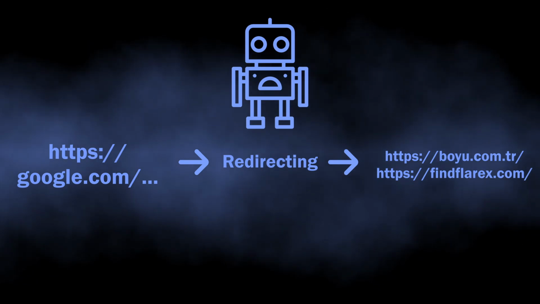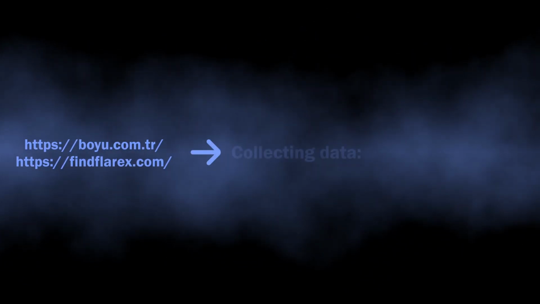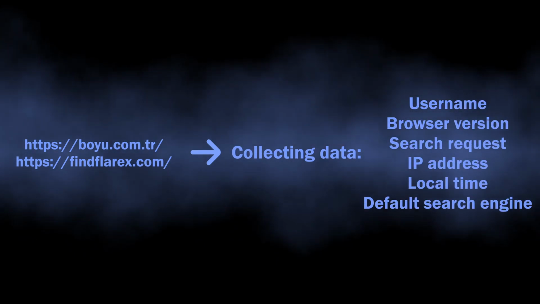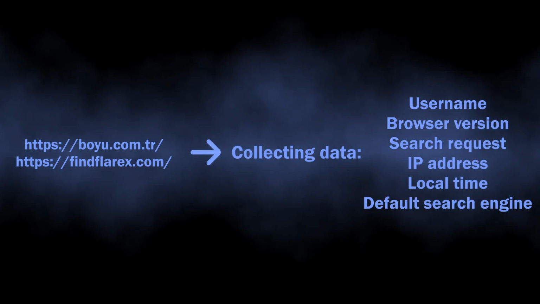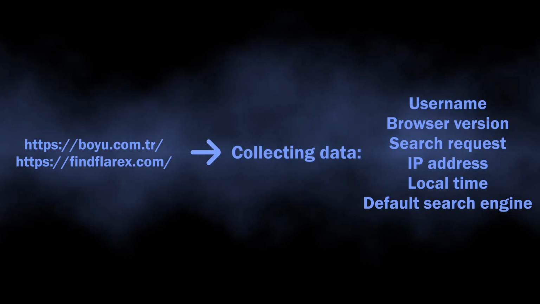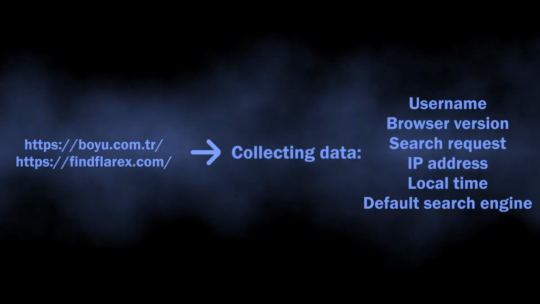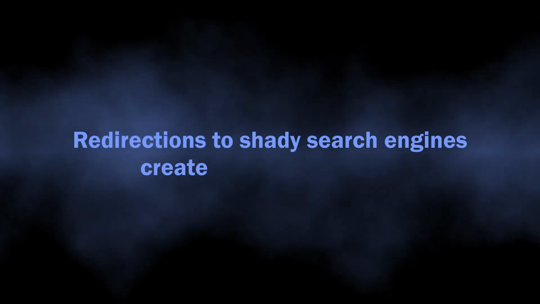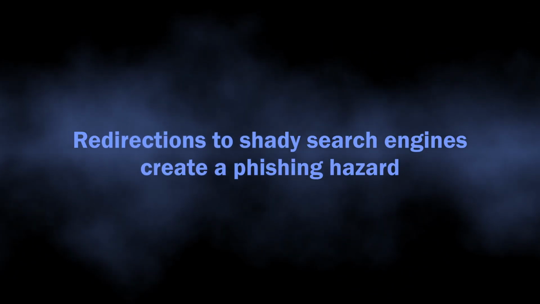This may sound like not a big deal, but during the redirect, the website that the extension throws you to collects user information, usually what you have requested, your IP address, location, language settings, and so on. All this data is further sold to advertisers without your consent. One more risk hides in the search results of these dubious search engines.